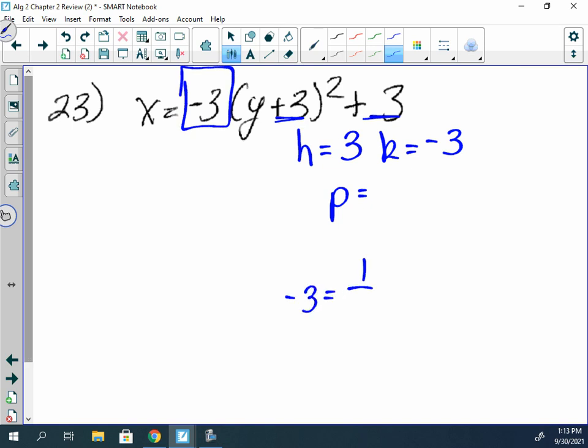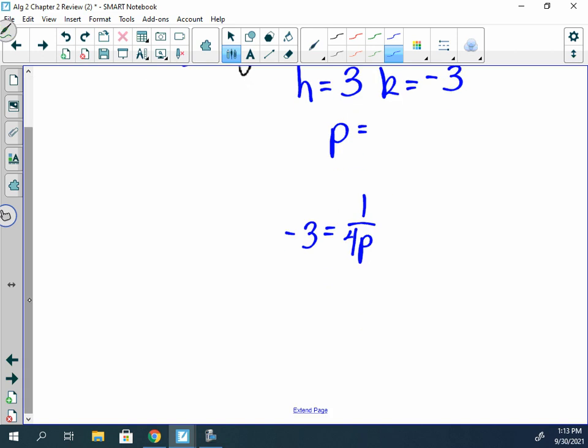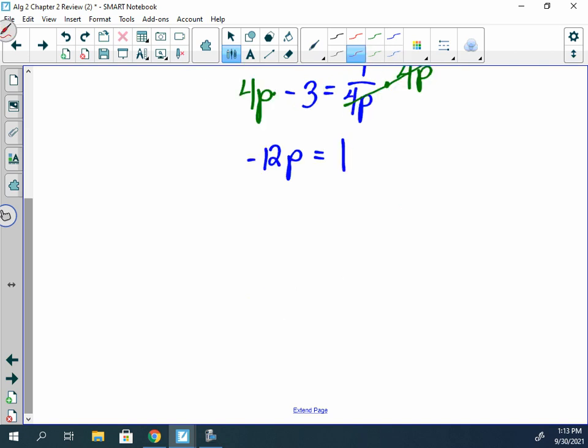Now P, we need to find it, and it's going to line up with the -3 is equal to 1 over 4P. Now what can we do first? We can multiply both sides by 4P. The 4P and 4P will cancel, leaving us with 1. 4 times negative 3 would be -12. And last but not least, we would divide, and P is equal to negative 1/12.